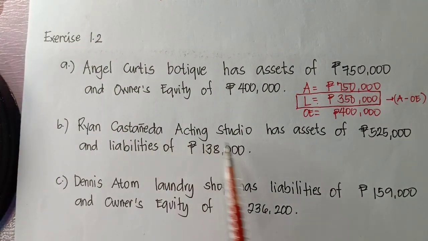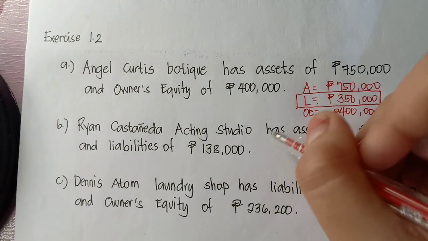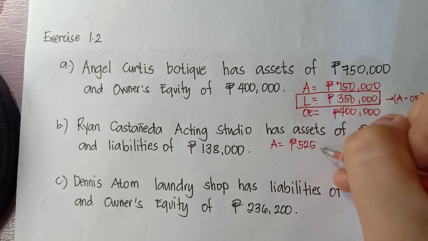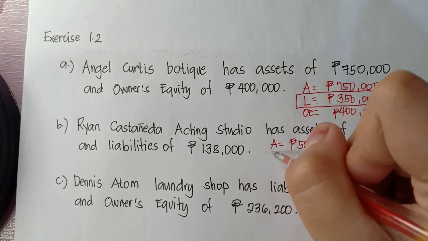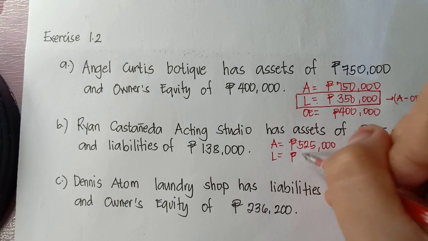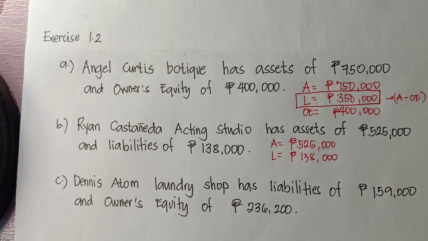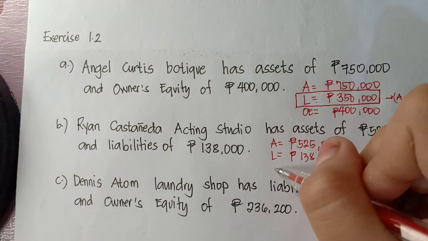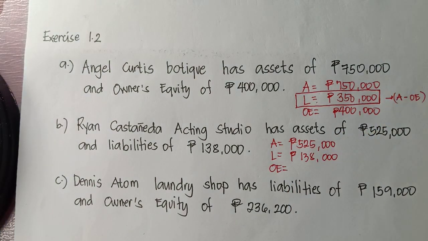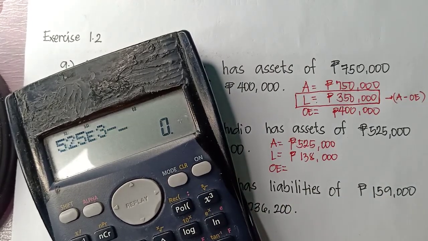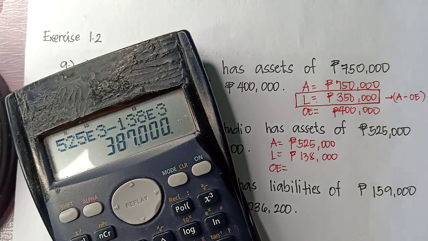Ryan Castañeda Acting Studio has assets of 525,000 and liabilities of 138,000. Now, what is the missing element? The missing element is the owner's equity. So let's compute it: 525,000 less the 138,000 liabilities.